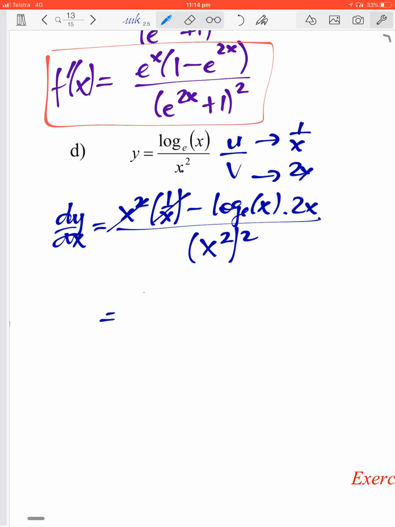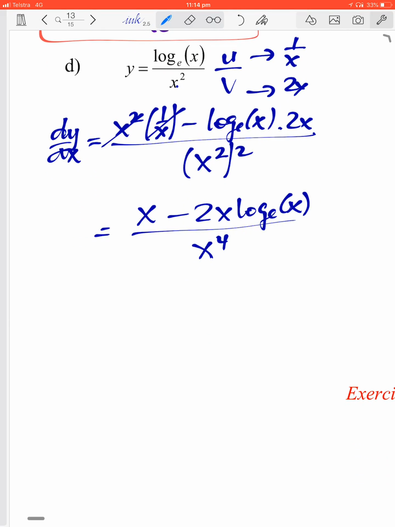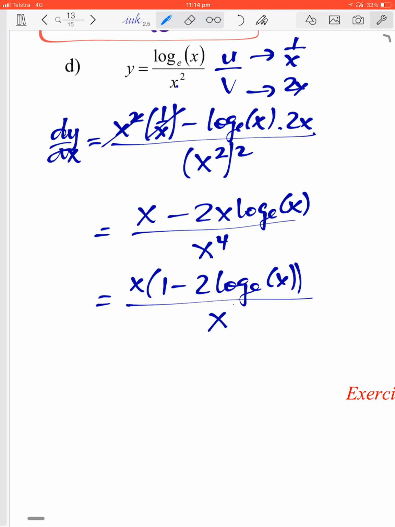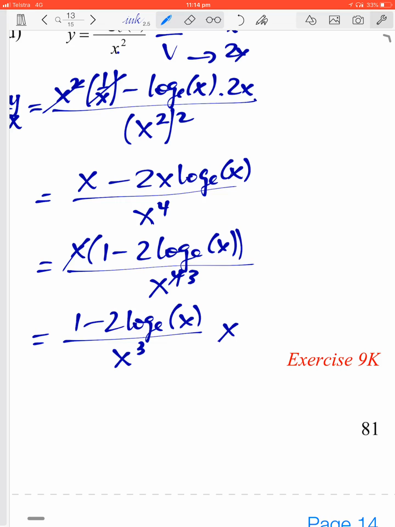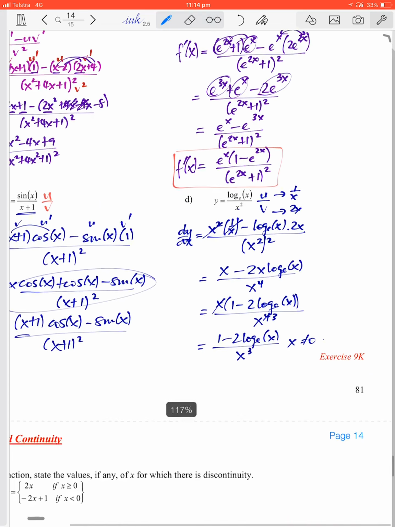So x squared times 1 on x is just x, minus 2x log e x on x to the power of 4. We can take out x as a common factor. So x(1 minus 2 log e x) on x to the 4. That will cancel with one of those to make it a 3. So I get 1 minus 2 log e x on x to the 3. And of course we know x can't equal 0.